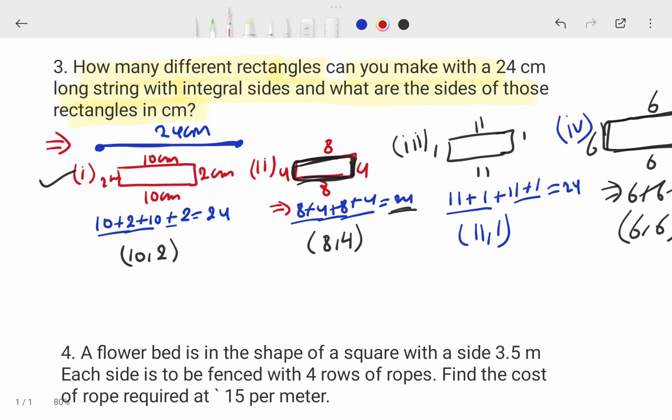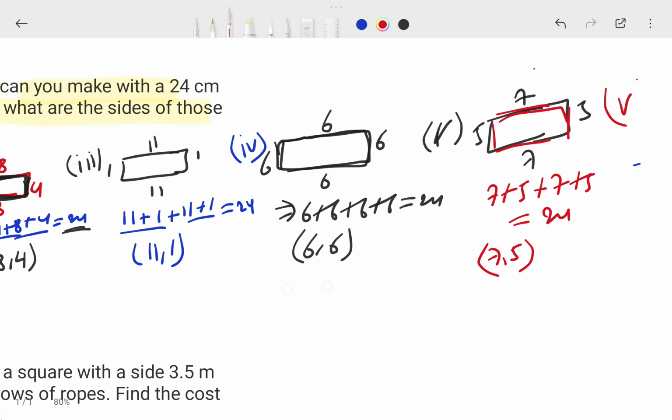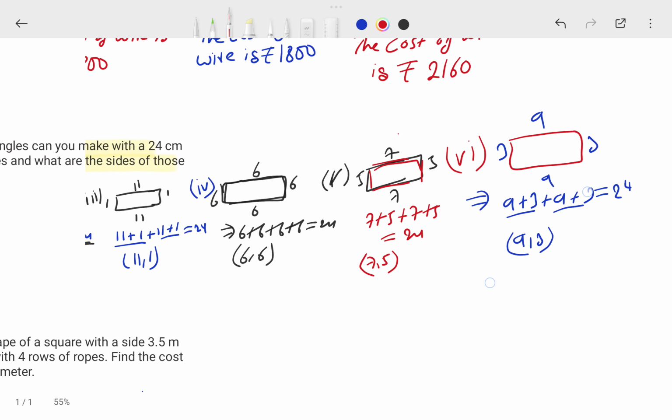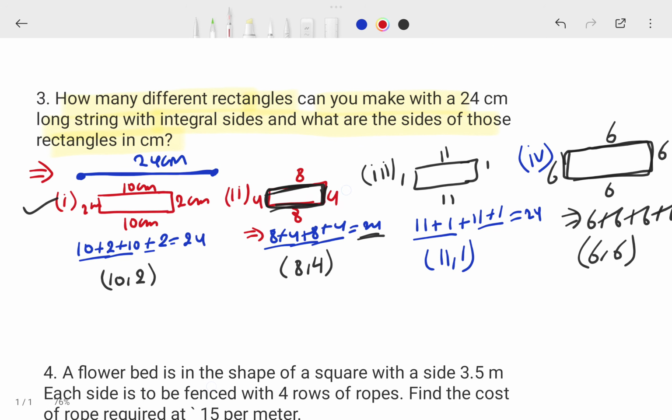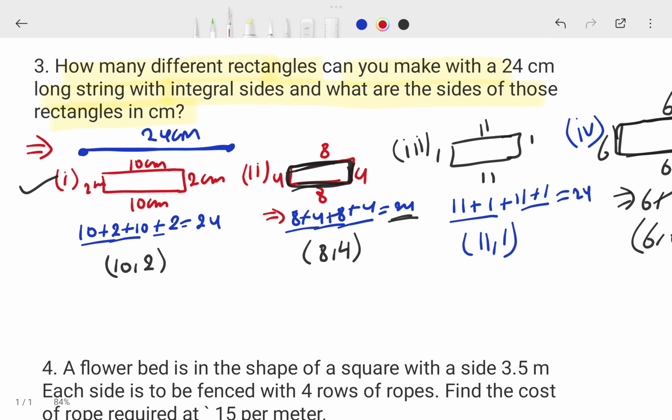Now what is the answer? How many did we make? 6 rectangles only.